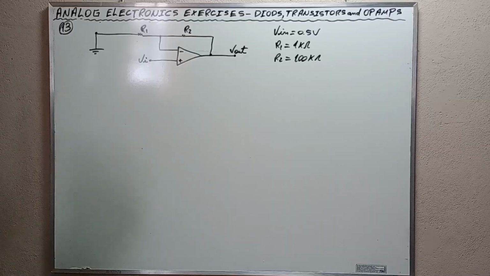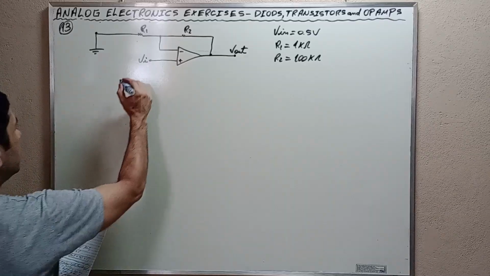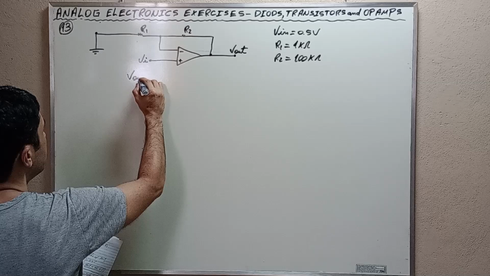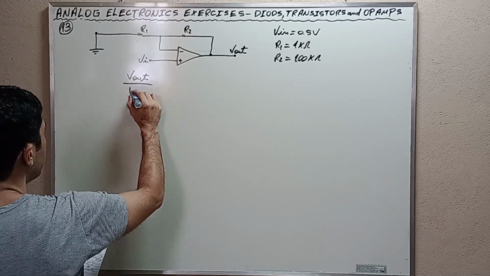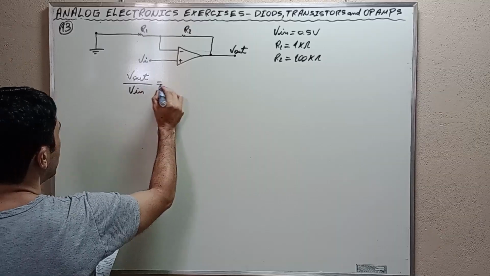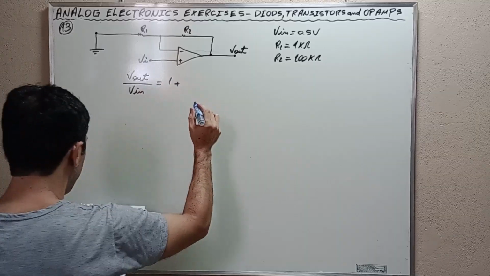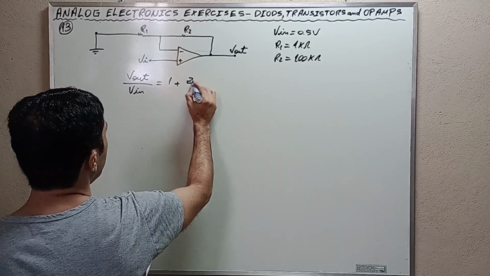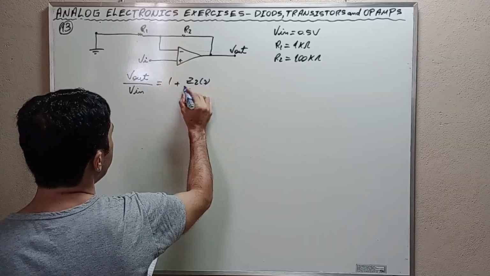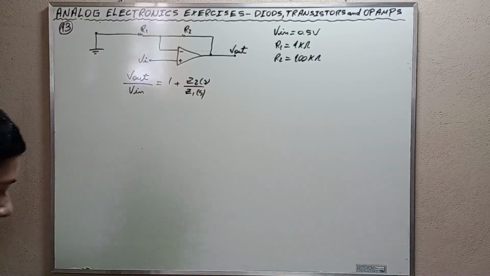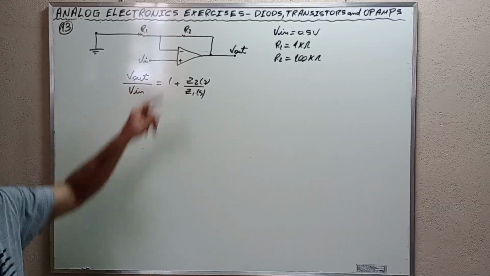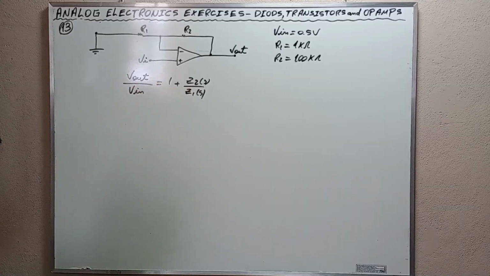In this case, the transfer function is V out over V in equal to 1 plus Z2 of S divided by Z1 of S. This is the transfer function when we have the non-inverting configuration of the operational amplifier.